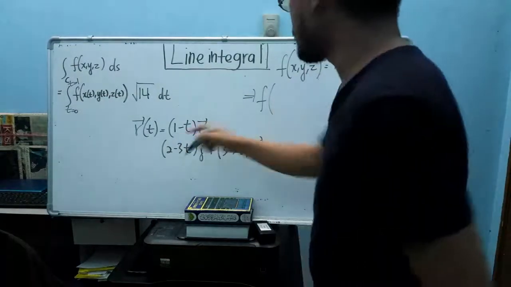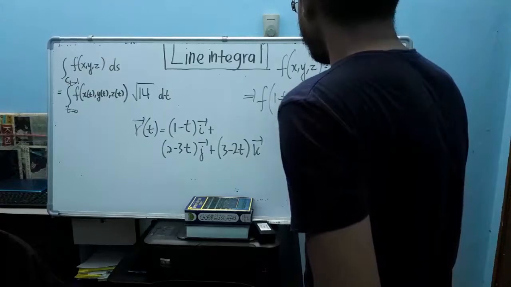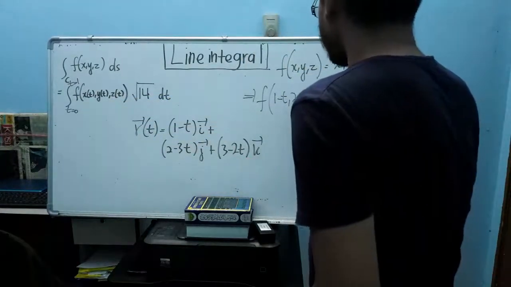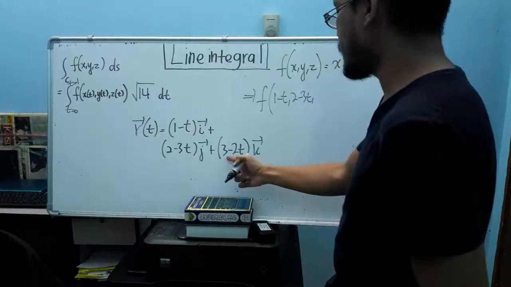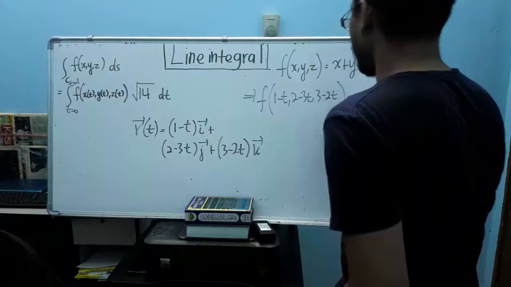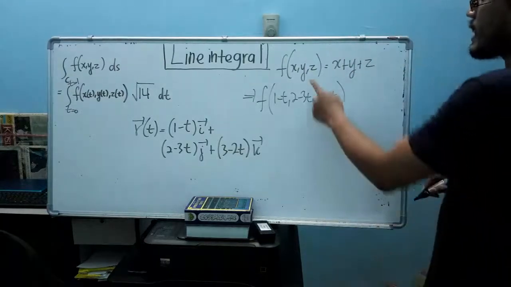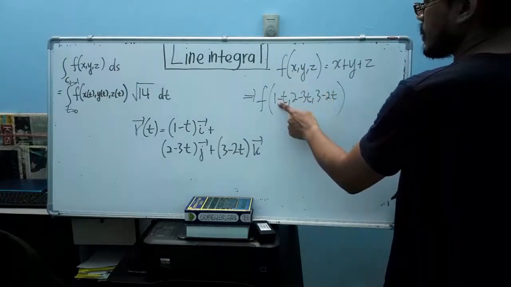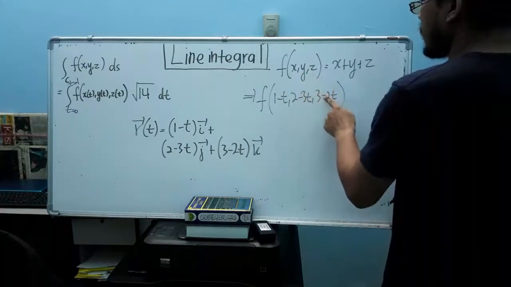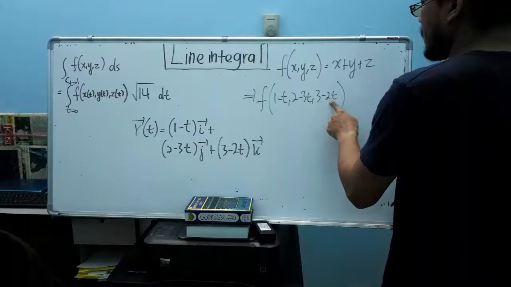My xt is 1 minus t. My yt is 2 minus 3t. And my zt will be 3 minus 2t. Meaning that you need to substitute x with 1 minus t, y with 2 minus 3t, and z with 3 minus 2t.